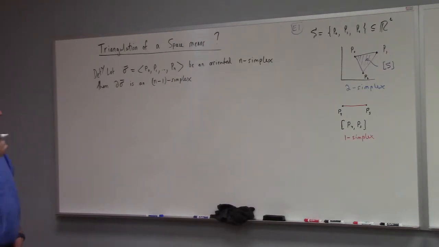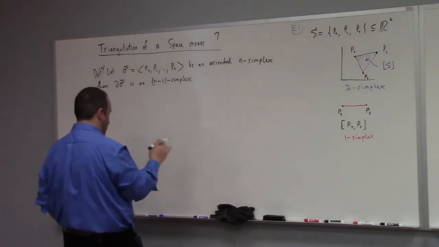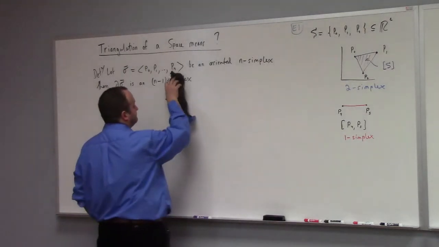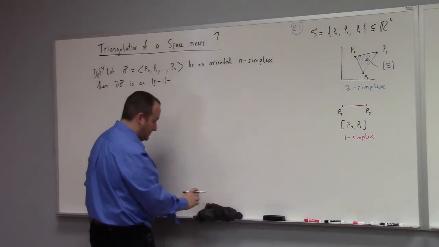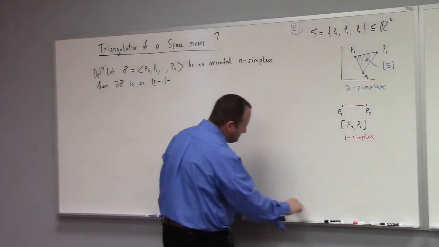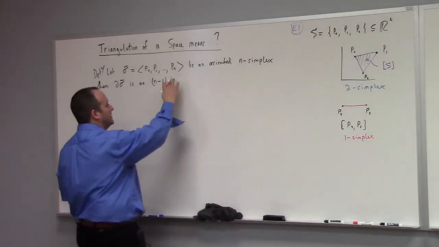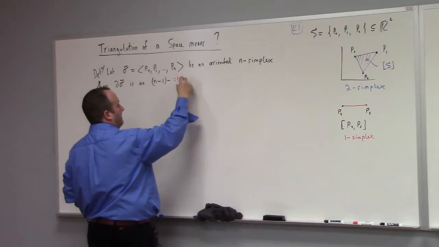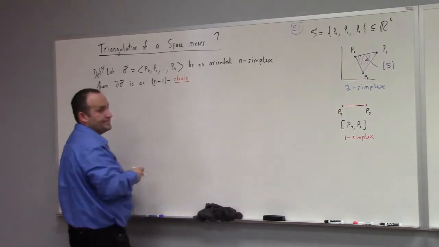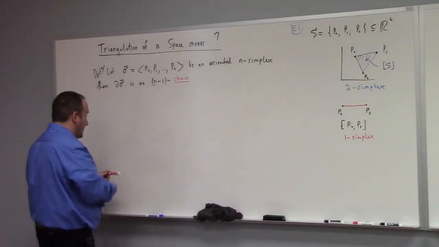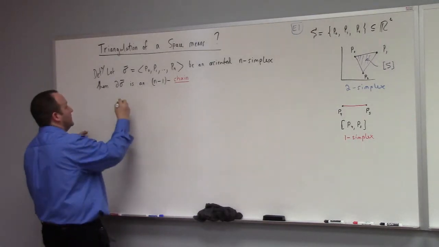Oh, actually, no, not simplex. I gotta be careful. It's not a simplex. It's an n minus 1 chain. It is oriented, but I was going to say chain. And the definition here is quite beautiful.